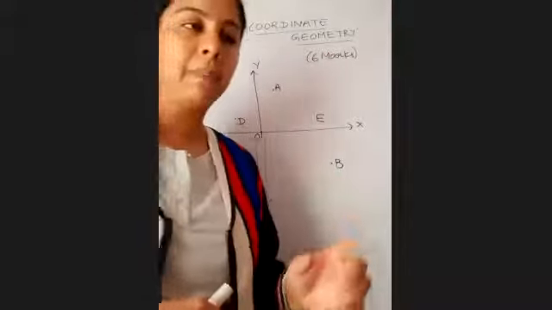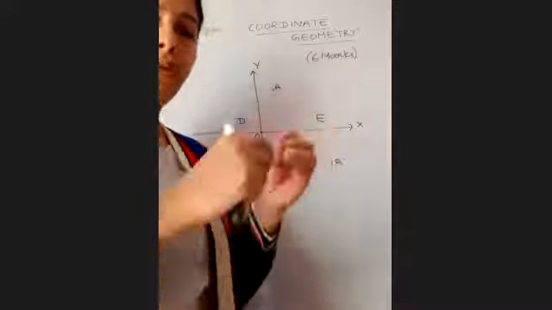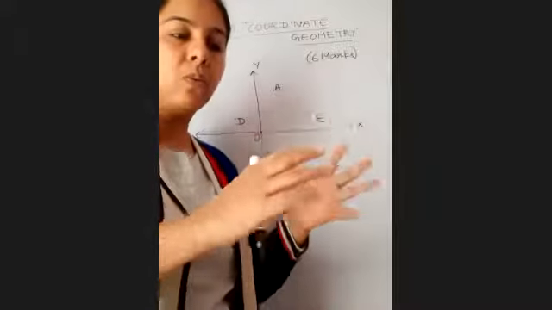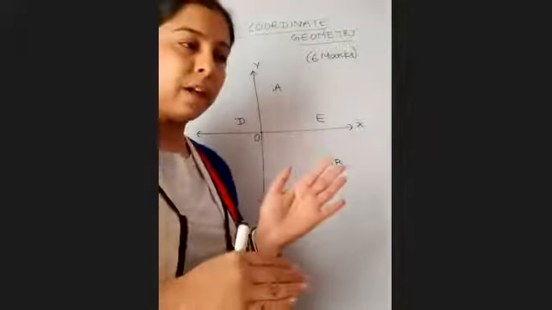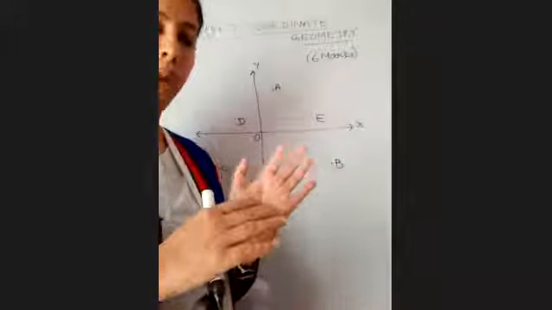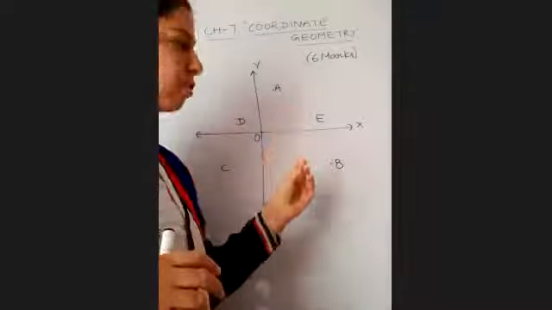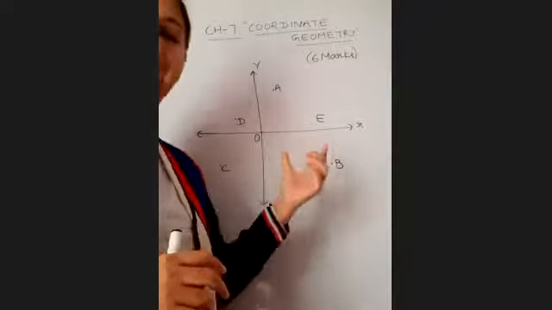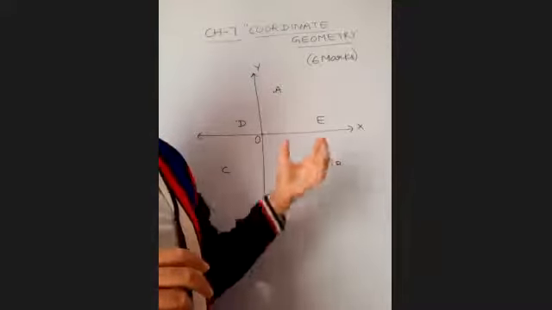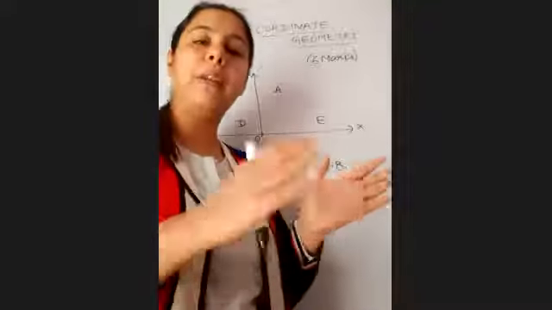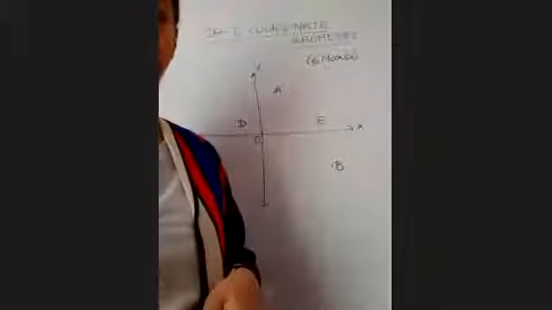Even on your map or globe, when you want to find the distance between 2 countries or 2 cities in India, if you have your India map drawn carefully on a piece of paper and you just draw coordinate axes and you know the actual distance, then using the similarity scale factor and coordinate geometry, you can find the distance between any 2 cities.